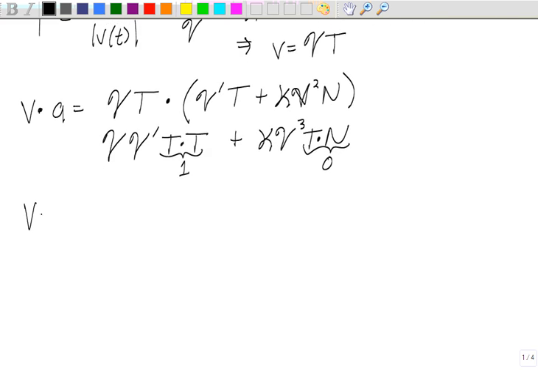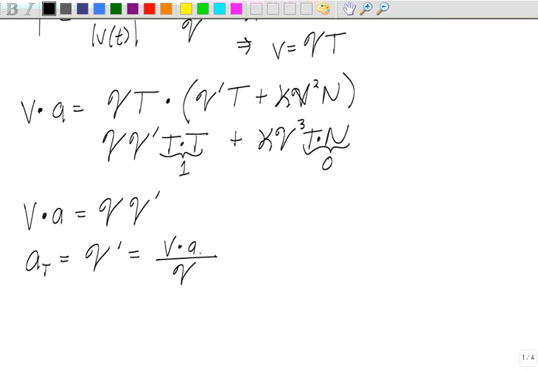So this tells us that v dot a is the speed times the derivative of the speed. And we know a_T is v prime, so that's going to be v dot a over v, or r prime dotted with r double prime over the magnitude of r prime. Okay, so that's an important formula.